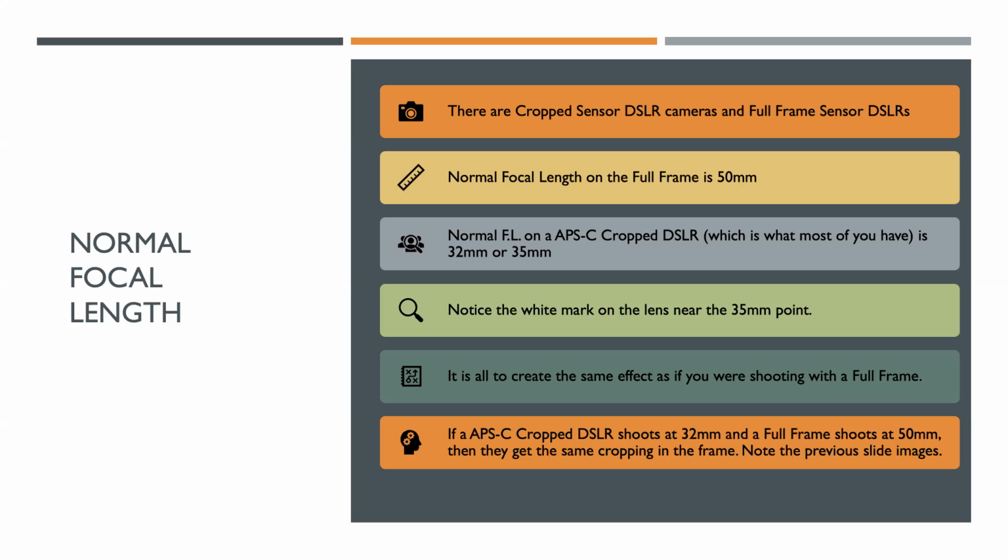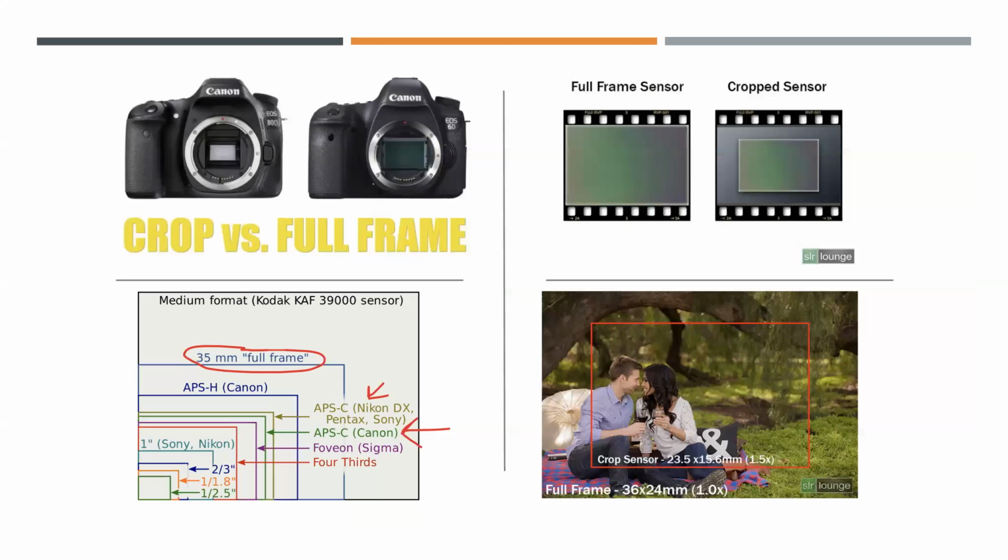So what they did is that they basically created a ratio. They did a little bit of math. If we go back to this one, we see the crop sensor is 1.5 times to 1.0.